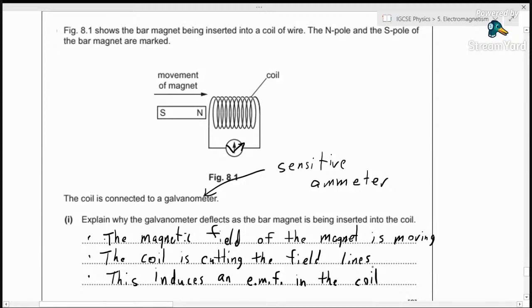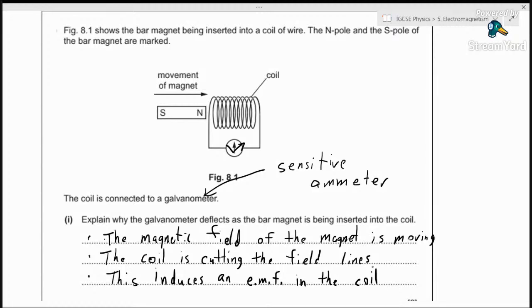And remember, an EMF is the same thing as a voltage, but it is the voltage for a supplier of energy, as opposed to potential difference, which is when something is using energy.